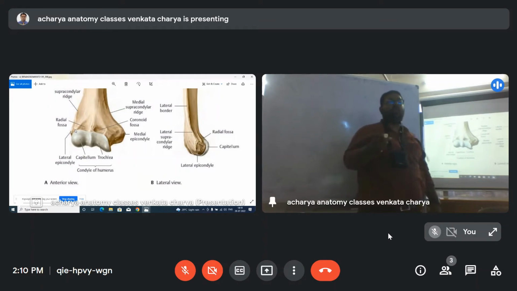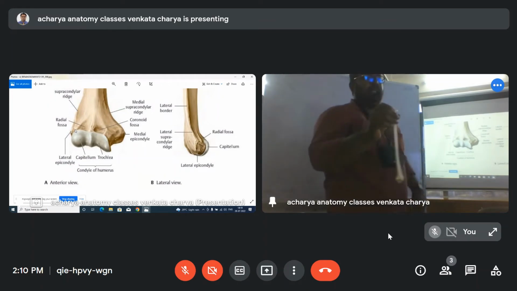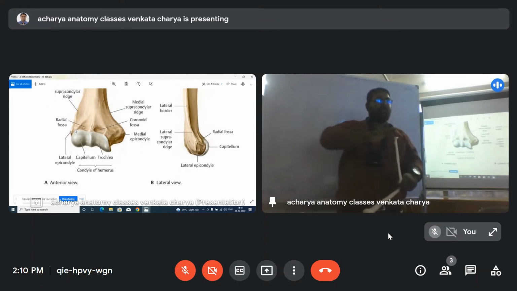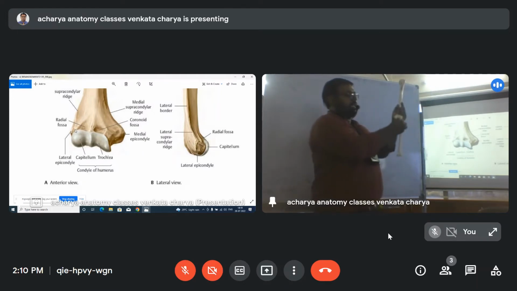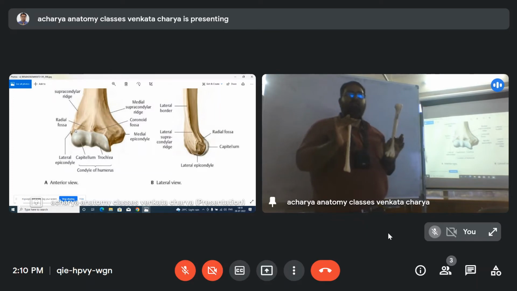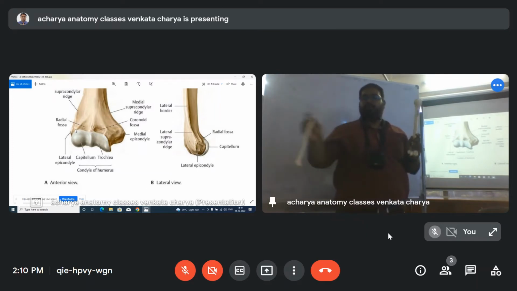This superior articular facet of the radius is a concave, disc-shaped surface which articulates with the capitulum. Are you getting? Yes. It forms a joint called the humeroradial joint. Are you getting now?